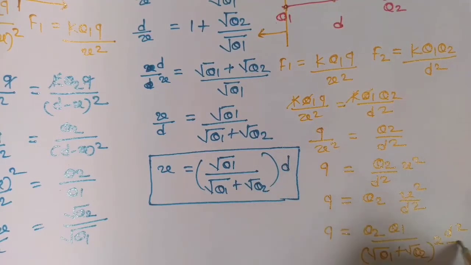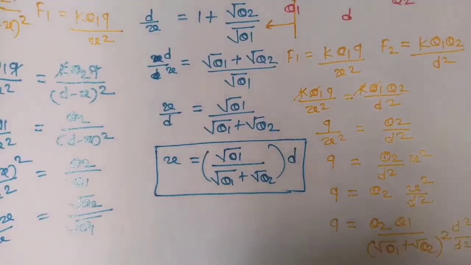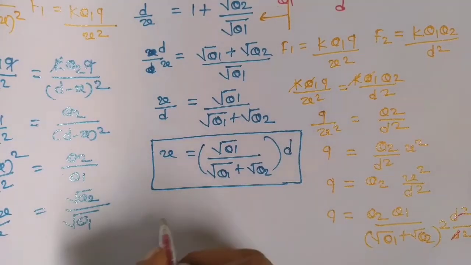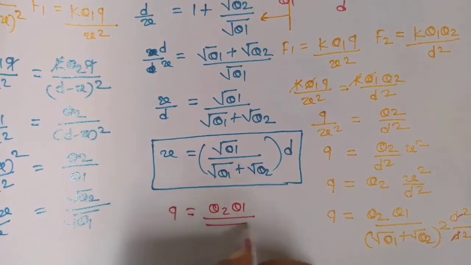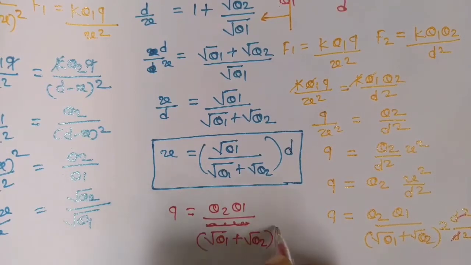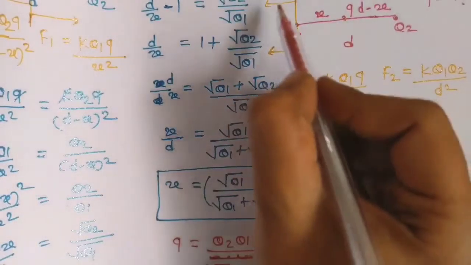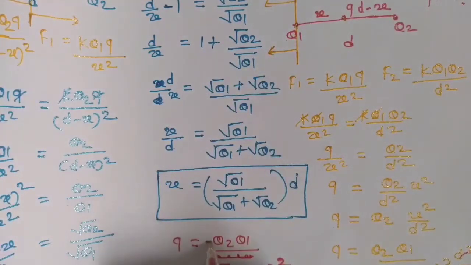This d square gets cancelled, so Q is equal to Q2 root Q1 upon, sorry, this is not whole, this is under root Q1 plus under root Q2 whole square. Both forces are in the left hand direction, and that's why it has a negative sign.